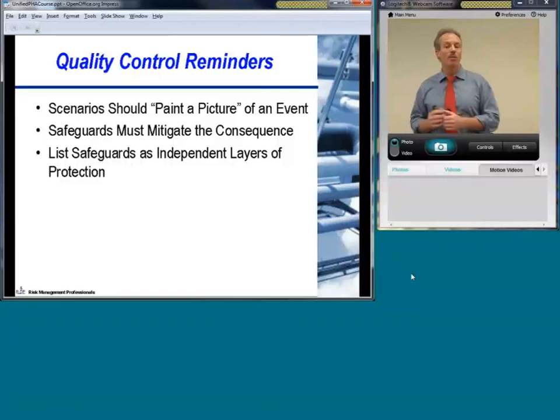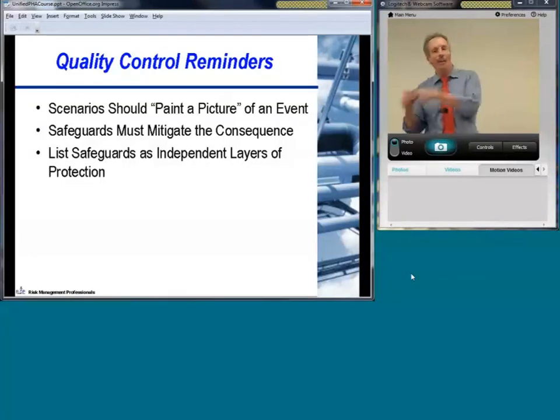If you list your safeguards, think about, are they independent protection layers? If you've got multiple alarms, is it only one operator action? Usually what we'll do is list the operator action, which is triggered by one or more alarms, and then list the alarms as part of one item. Listing them as independent layers of protection can allow you to easily migrate this to a LOPA later on if you'd like to.